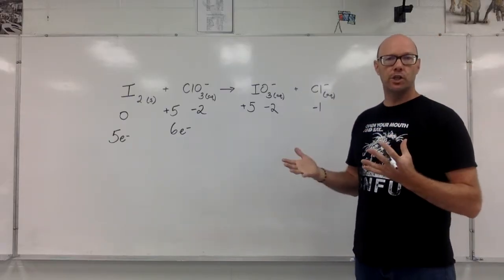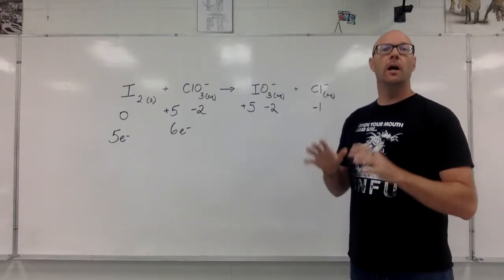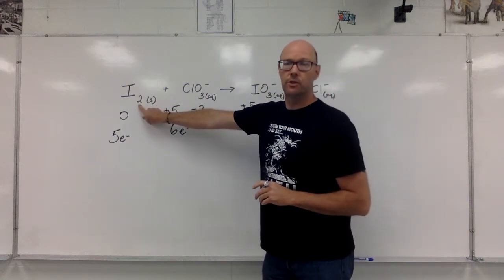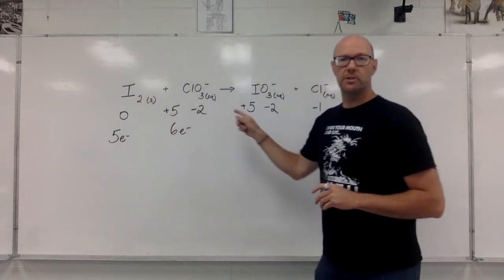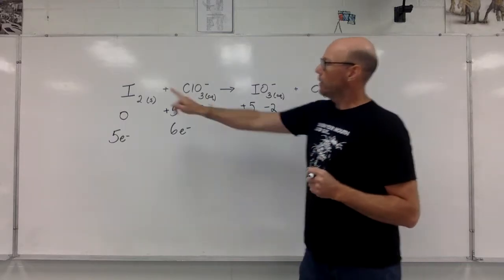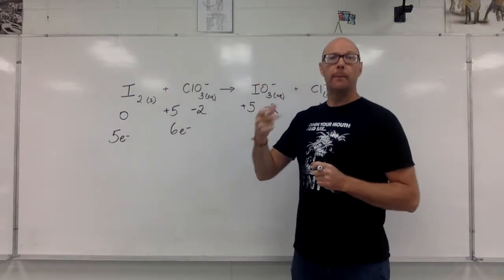Step 1, assign oxidation numbers. Look for the ones that are changing, which I've done. Now I need to double check, be on the lookout for subscripts. This I2, there's the subscript, it has a 2. The oxidation numbers that I was assigning were for individual atoms. But here I have 2. The change was 5 for one iodine, but there's 2.